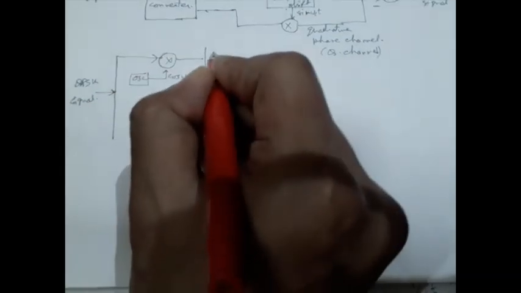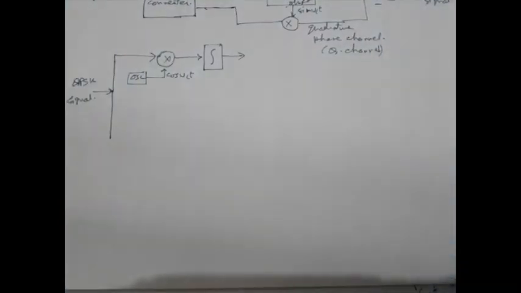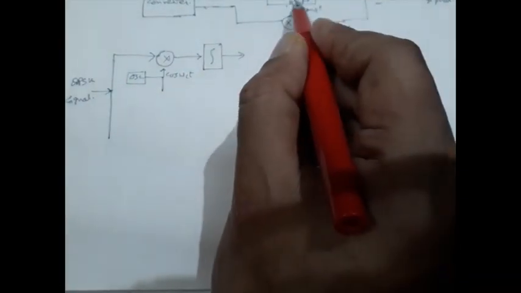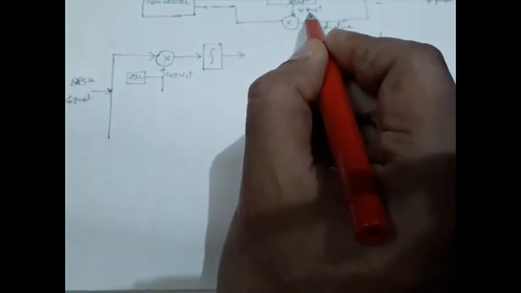So we have a product modulator and then an integrator, a conventional synchronous detector. In the lower channel, mind it, the quadrature channel or Q channel was modulated by a sine function.